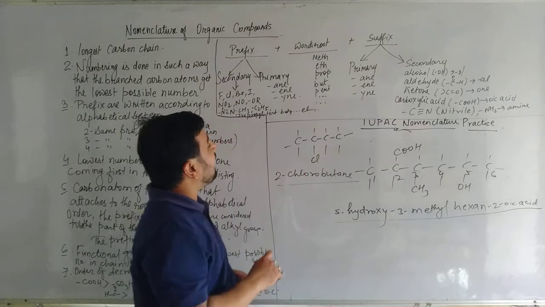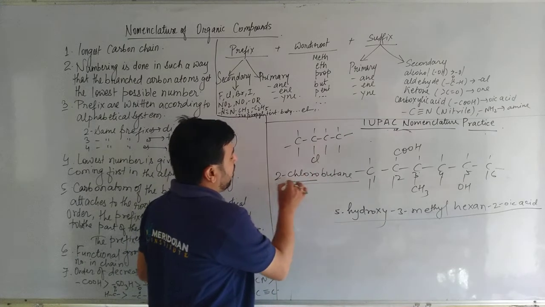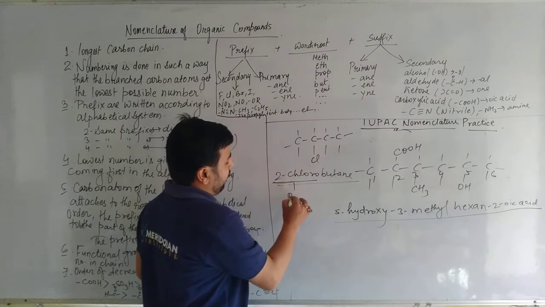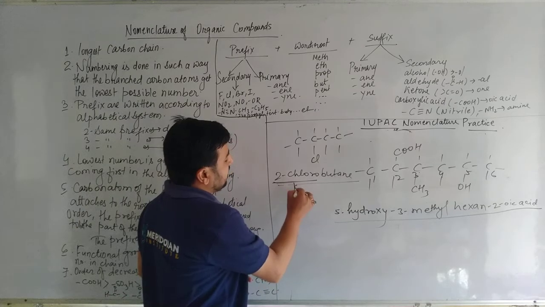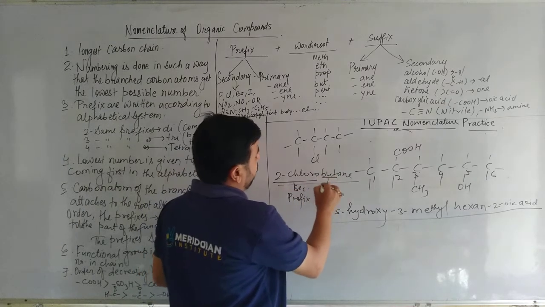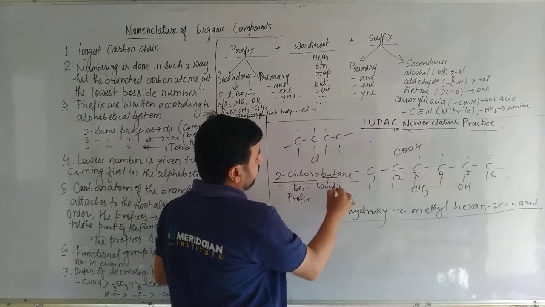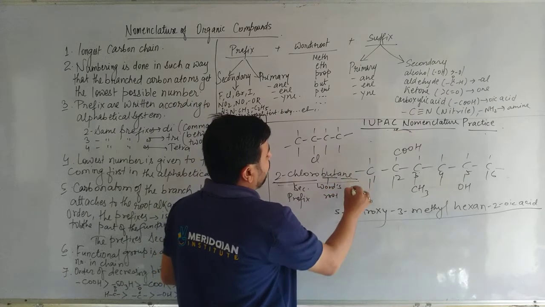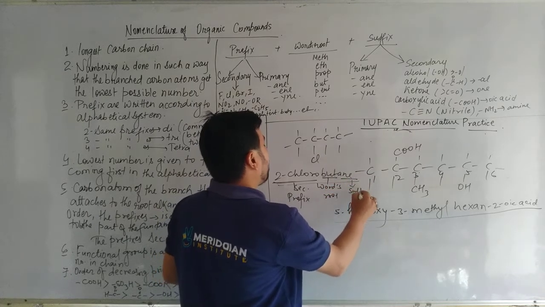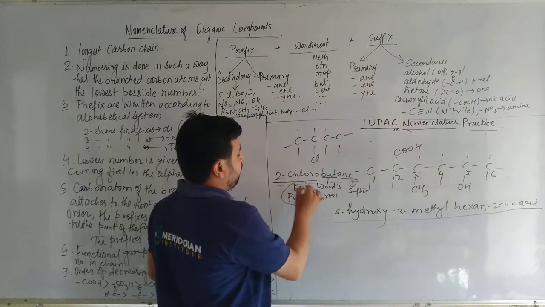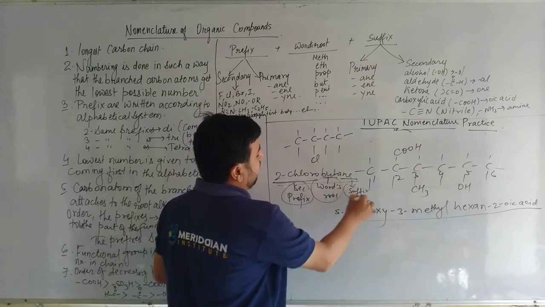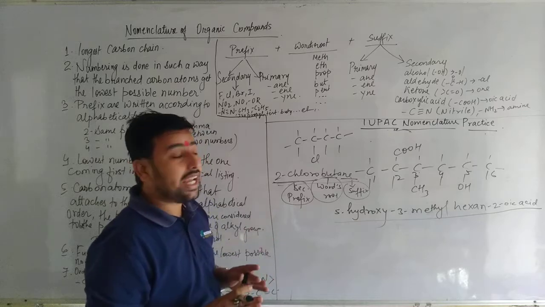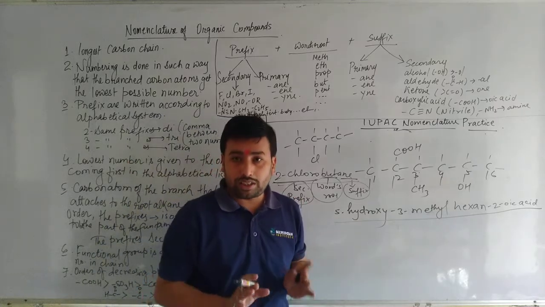Okay, so here 2-chloro is known as prefix. Which type of prefix? Secondary prefix. But is known as word root, and this ane is known as suffix. So what I have said you? Prefix plus word root plus suffix. This is the way that how you will write the nomenclature.